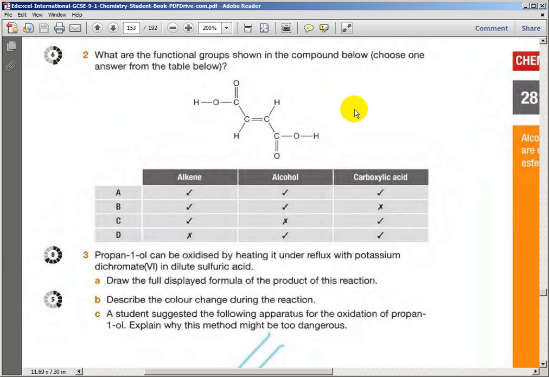You know these functional groups: alcohol functional group, carboxylic functional group, alkene functional group. Look, this is the OH. What is the name of this functional group? OH is alcohol.